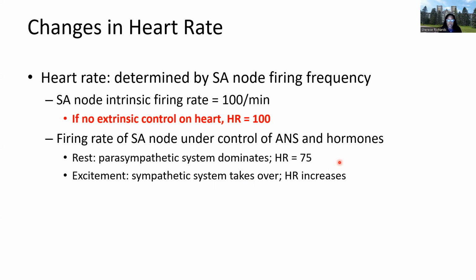If there's some type of excitement happening, if the sympathetic response is at play, then the sympathetic will increase that firing rate, and that will bring our heart rate closer to about 100 beats per minute. All right, so we've talked about this before, where we've got parasympathetic bringing things down, sympathetic bringing things up, and just the balance of those two inputs can affect our heart rate.